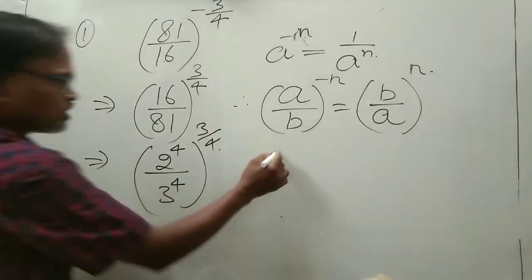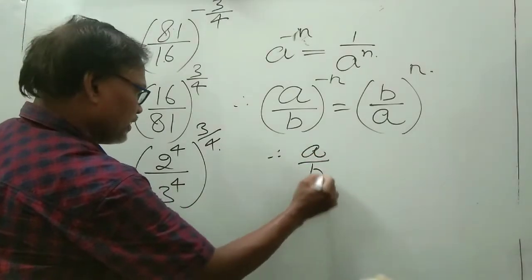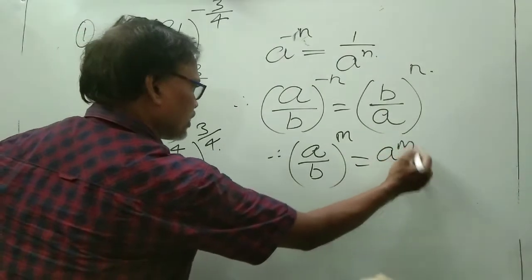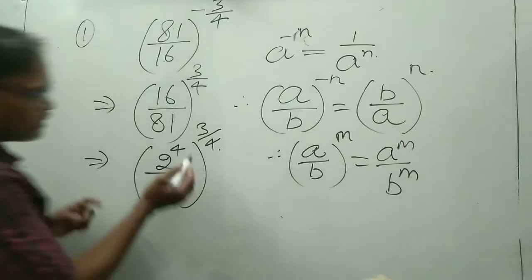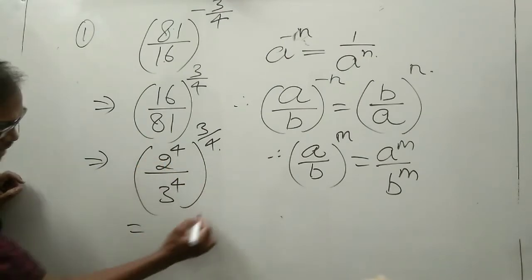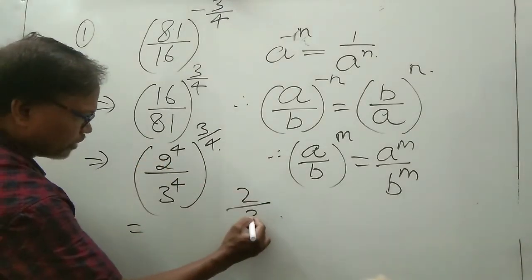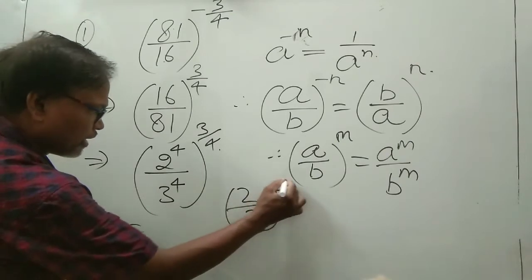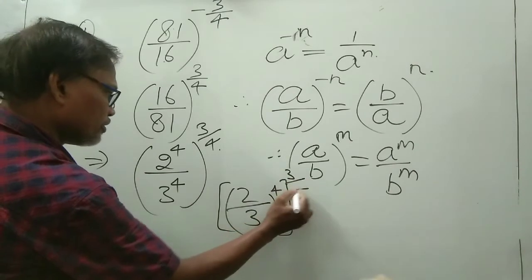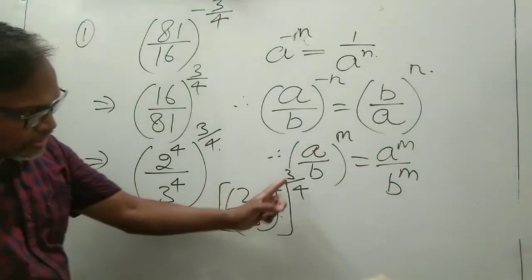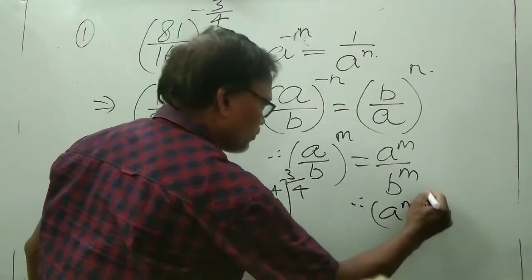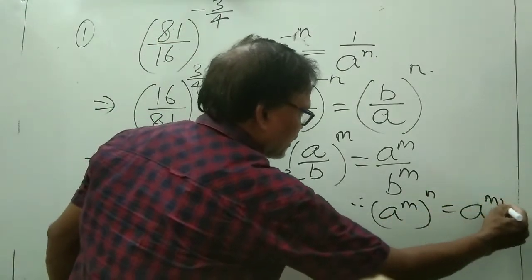Now using this rule, a upon b whole power m is equal to a to the power m upon b to the power m, this 4 you can write in this way also: 2 by 3 whole power 4 and then whole power 3 by 4. Now multiply these two powers, as I told you, a to the power m whole power n is equal to a to the power mn.